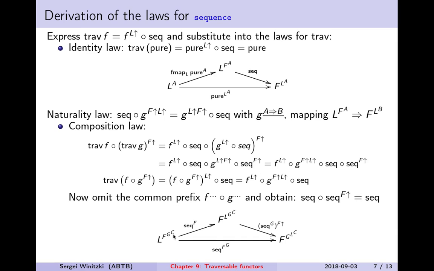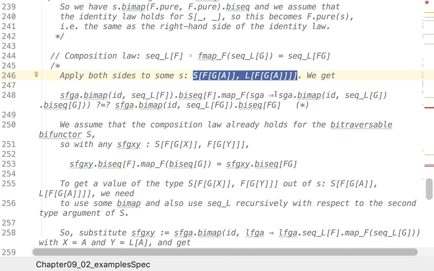So use A instead of C. I'll probably make it in the slides that this is A and not C, because I'm using A in the code for consistency. So S of FGA, LFGA, so that's LFGA.